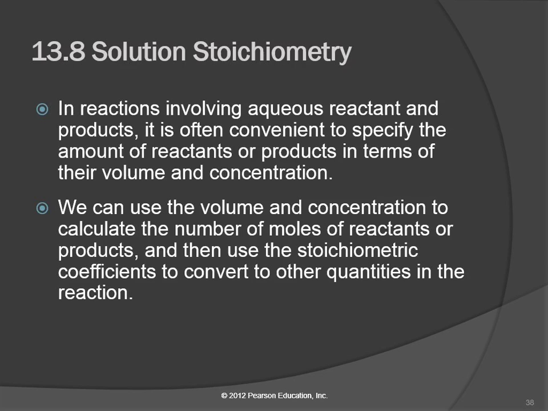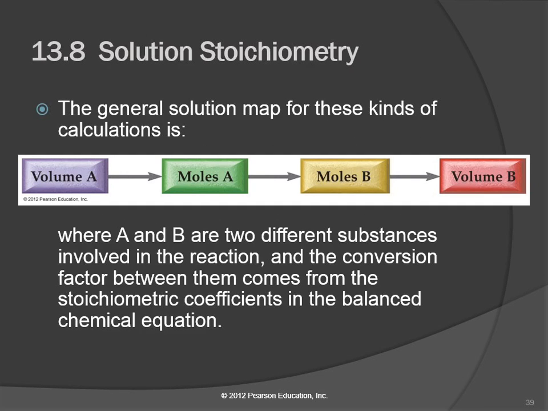And so we can use molarity as a conversion factor at the beginning and/or the end of our path here. So instead of grams to moles to grams, we can do a volume of solution A to moles of B to volume of solution B. Or we could have grams at the beginning and volume at the end, or volume at the beginning and grams at the end. There's all kinds of variations.